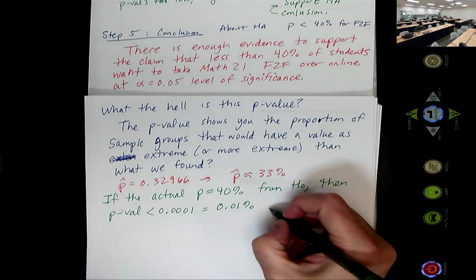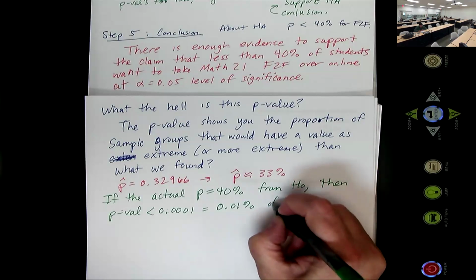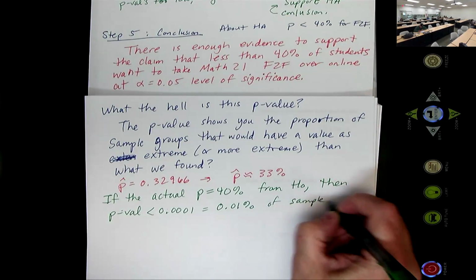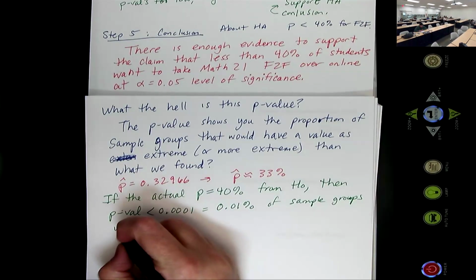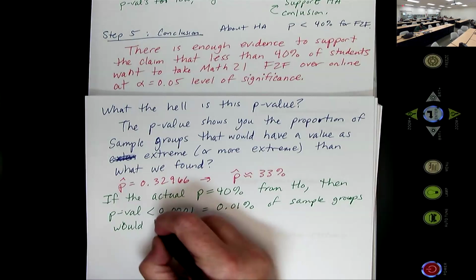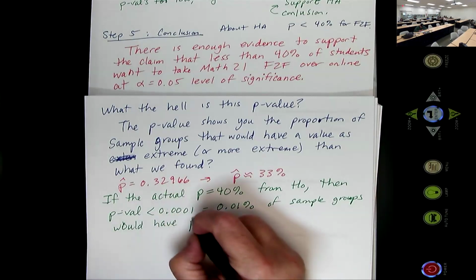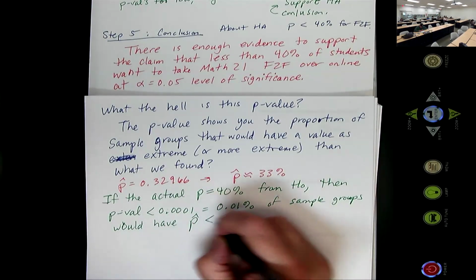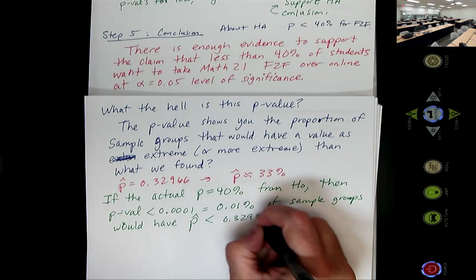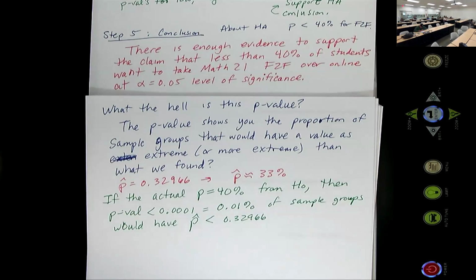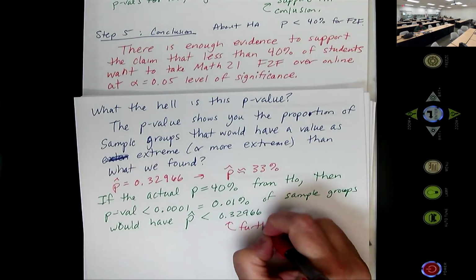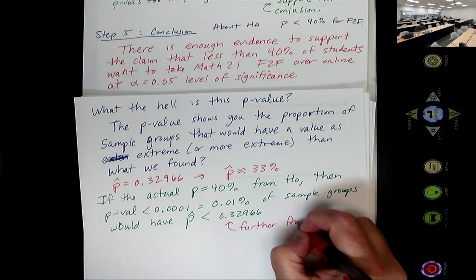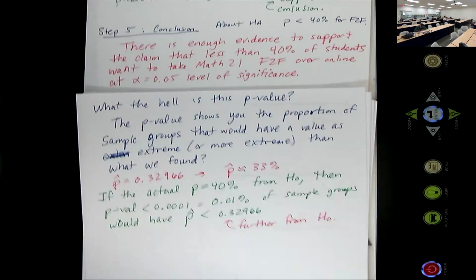Then less than 1% of sample groups would have a P hat less than 0.3296, which is effectively further from the null hypothesis.